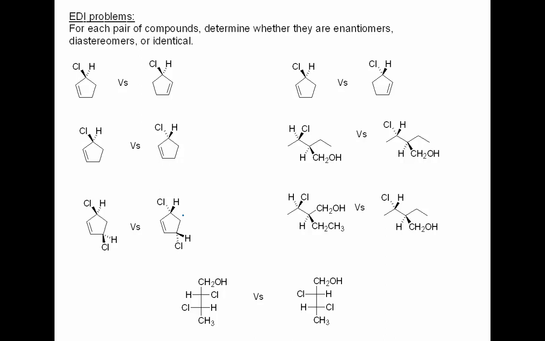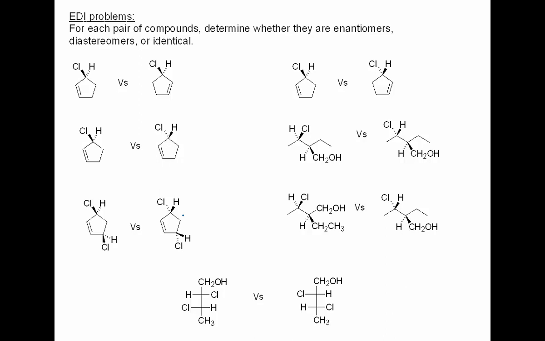That's impossible. It takes at least two chiral centers to make a diastereomer. So I don't want to see anyone tell me that two compounds that have only one chiral center are diastereomers. They have to be either enantiomers or identical.